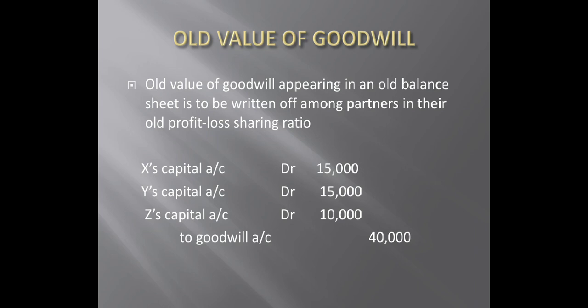Now posting for this. It will be posted in partners capital accounts. On debit side, if you will check, they have written to goodwill account and the respective amount in the column of X, Y and Z, which is 15,000, 15,000 and 10,000. Alright, this is the amount of goodwill that we have distributed, that we have taken from old balance sheet.